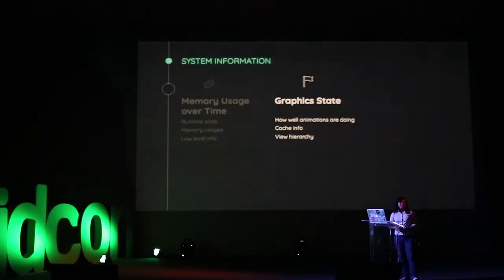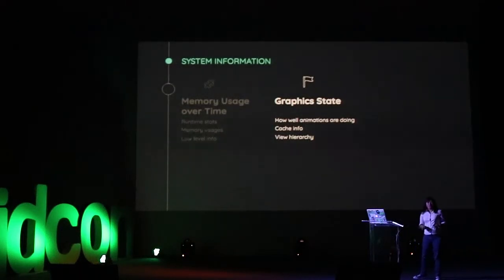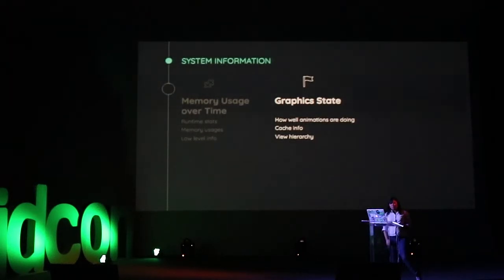So if, for instance, you open your app and you do a graphic state dump, it may show that you're doing very well, like you're not dropping any frames. But once you fling through a recycler view, because Android will try to optimize and not draw everything on your screen, chances are you're going to drop frames. So this graphic state dump will show that.